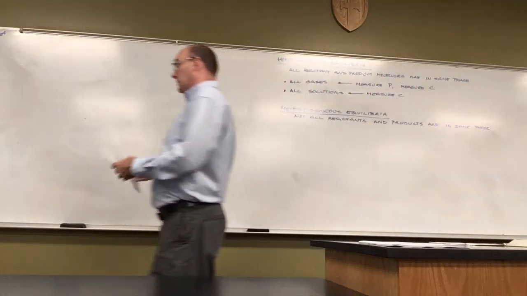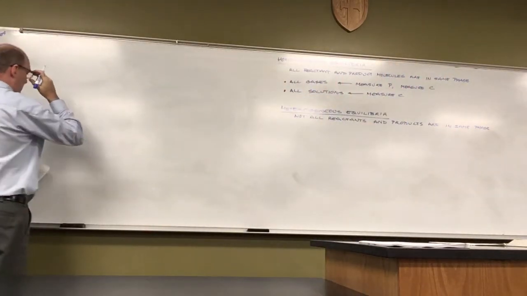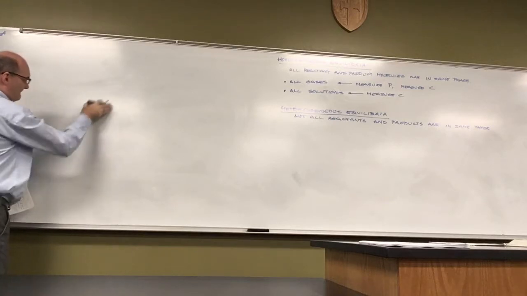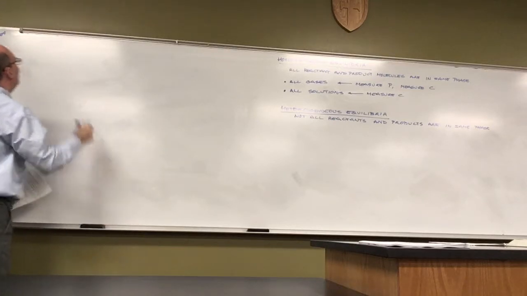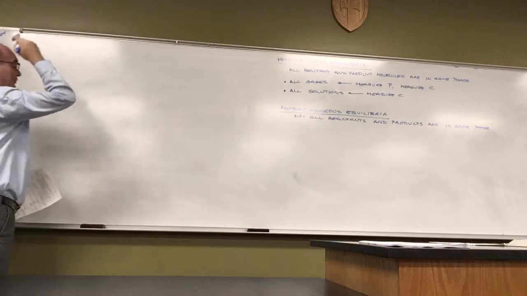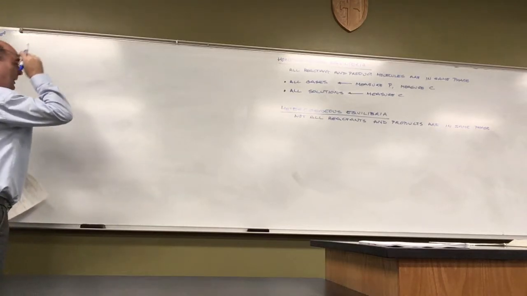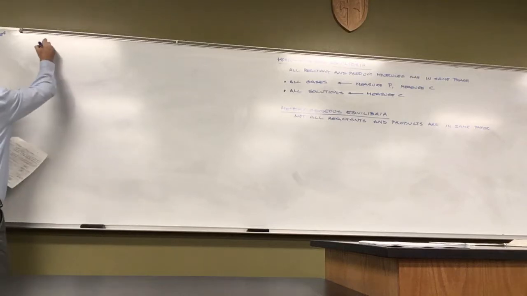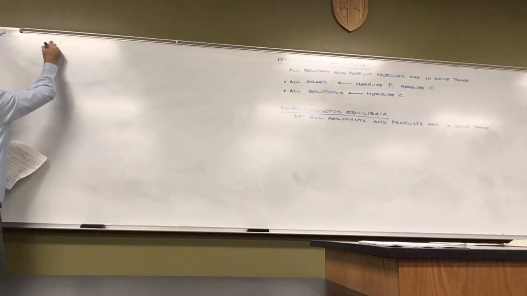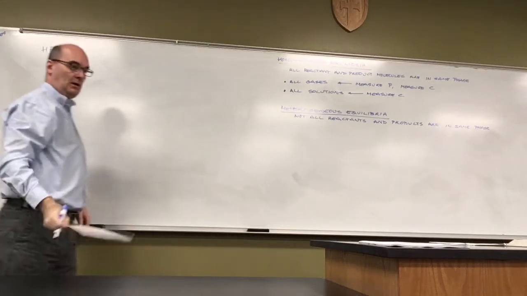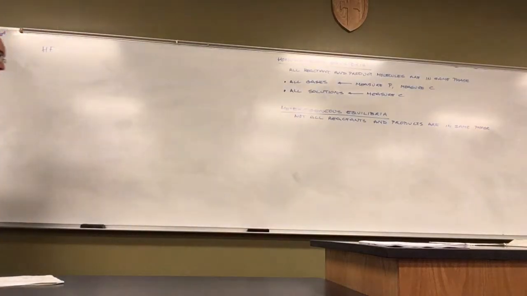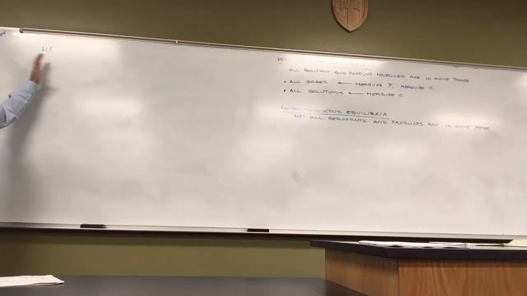Acids are things that when you dissolve them in solution increase the H+ ion concentration, and binary acids are often combinations of halogens like HCl, HBr, HI, and HF.